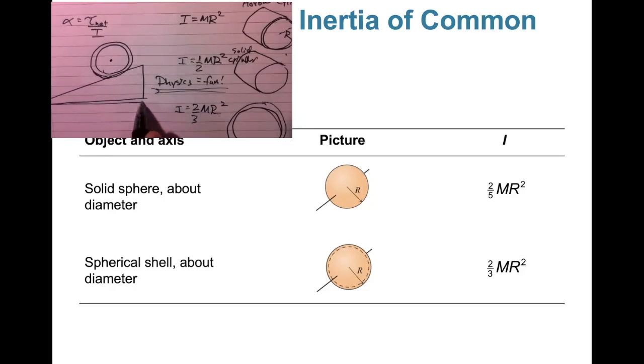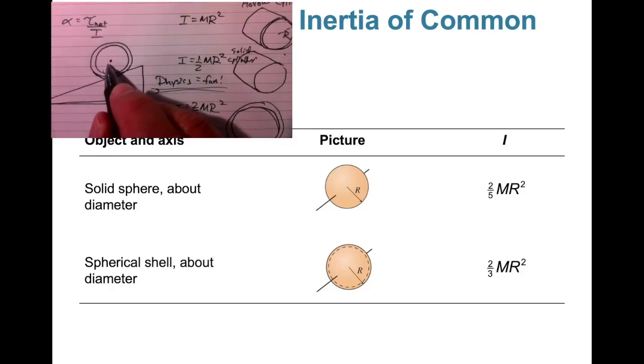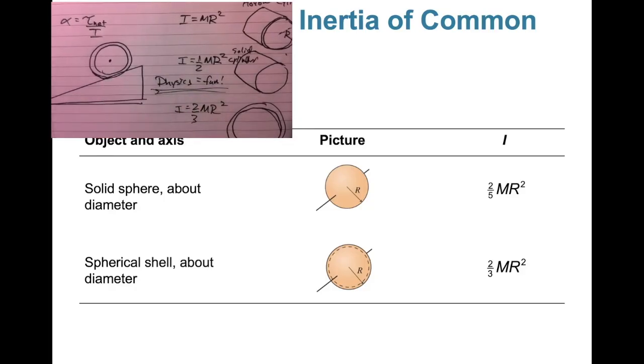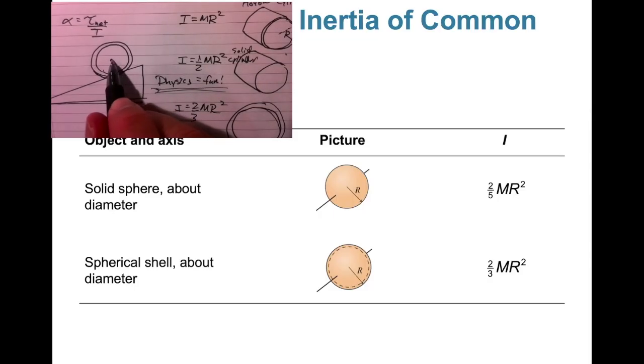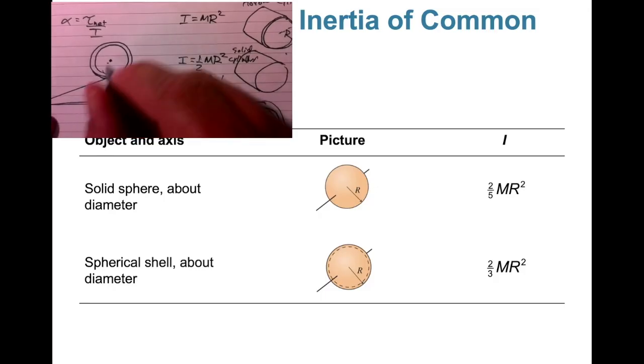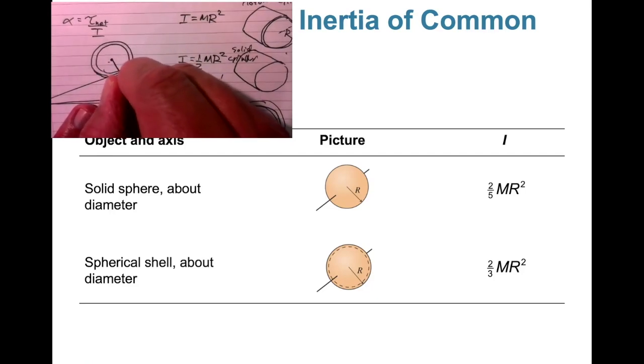And so gravity is acting on this thing basically as if all the mass is centered right there, but it's not. So we're going to have our radius here.